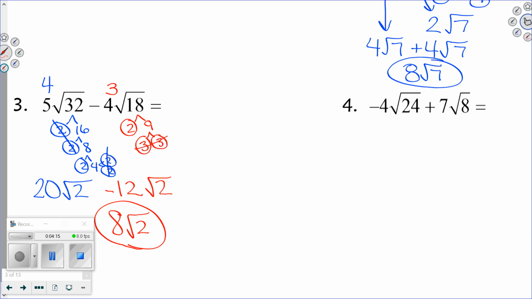Number 4. Why don't you guys try number 4 on your own? If you go through and simplify, we did our factor trees. 2 and 12, 2 and 6, 2 and 3. So a pair of 2's would come out, multiplies there to give me negative 8, and I have a leftover 6.